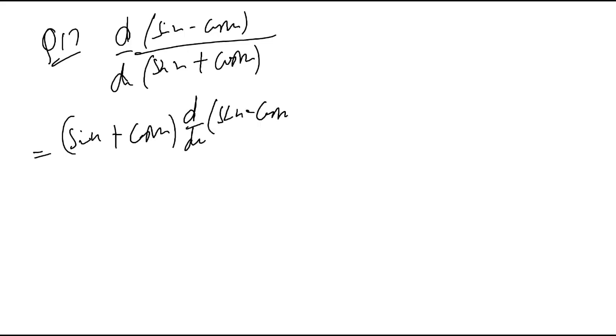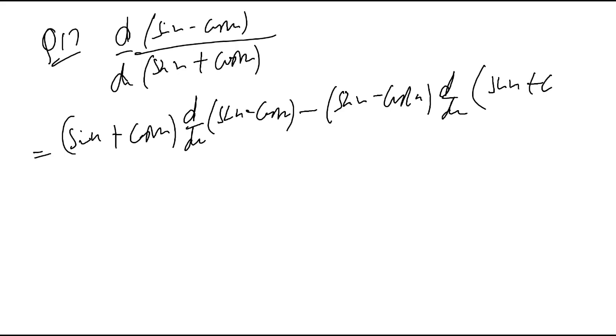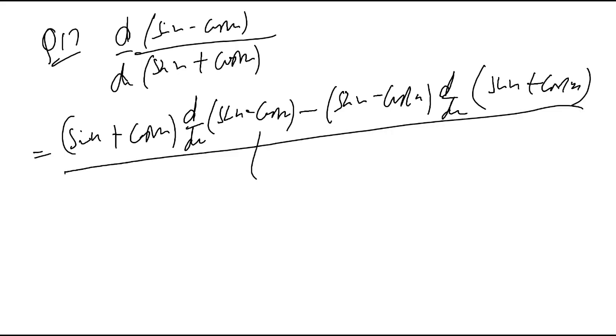Furthermore, this is a negative sign, and we write sin x minus cos x, and you will be left with d by dx of sin x plus cos x. In the denominator, you will have sin x plus cos x, the whole square.